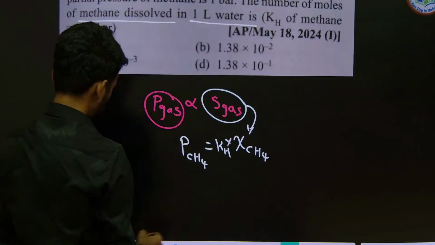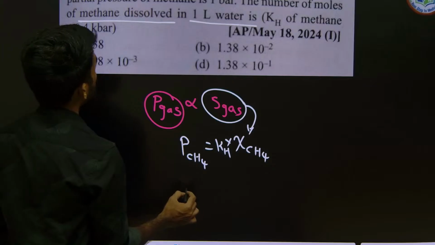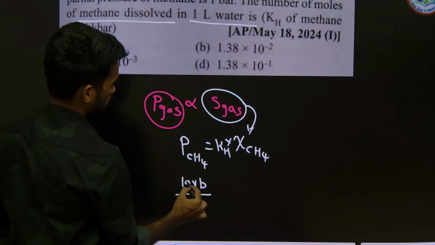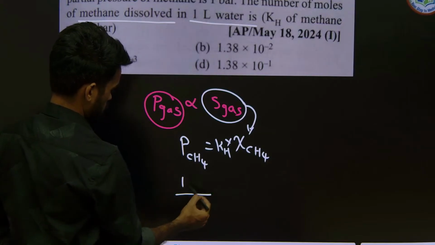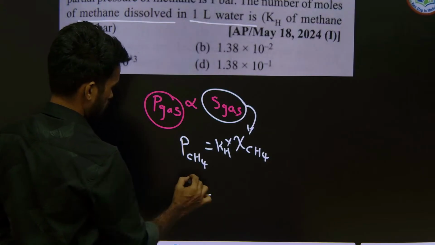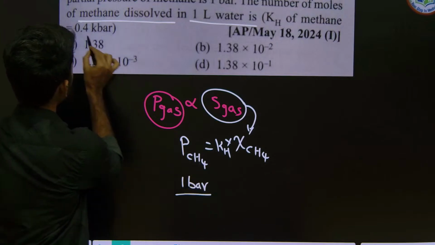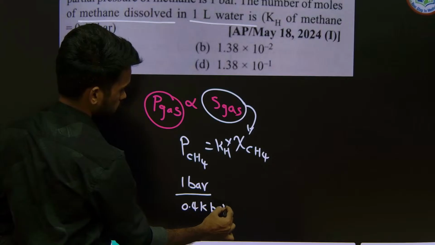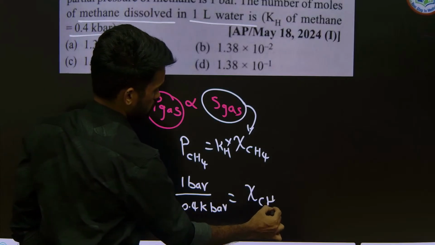So they are asking number of moles of methane. So find mole fraction first, with 1 bar pressure given, and Kh is 0.4 kilobar. Find the mole fraction. Very simple.